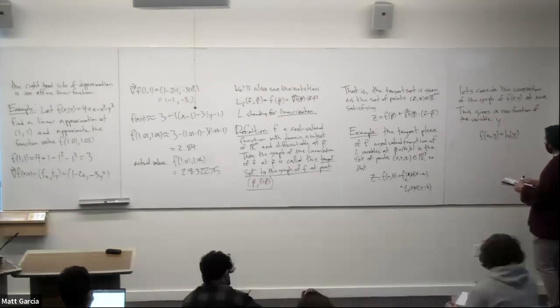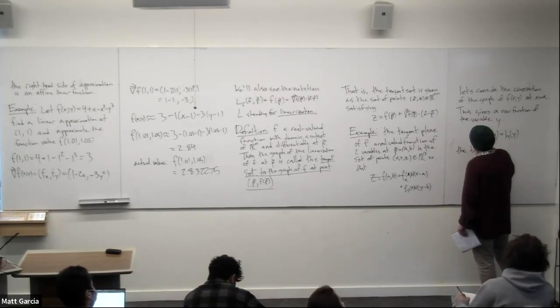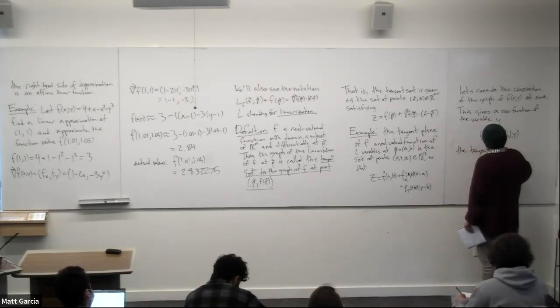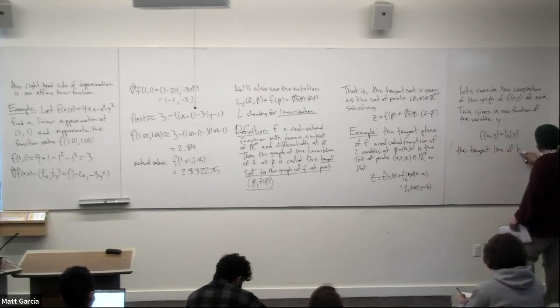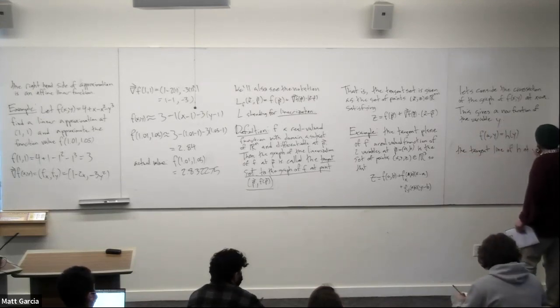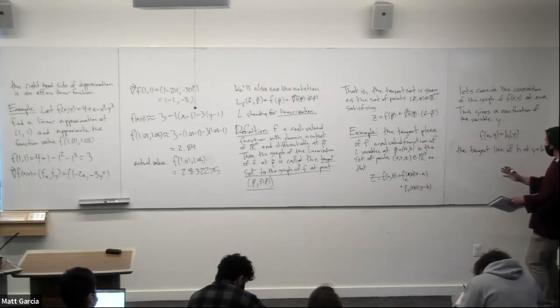Now, the tangent line of h at y equals b, just from Calculus 1, right?